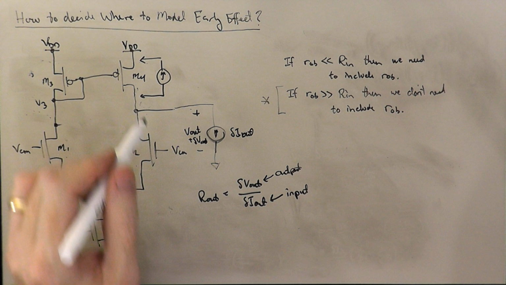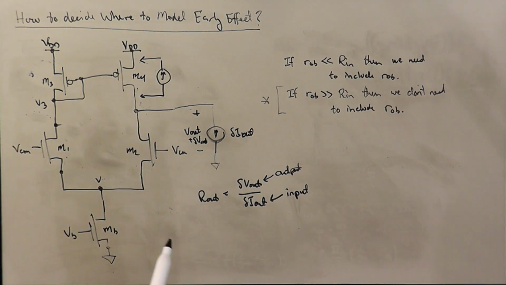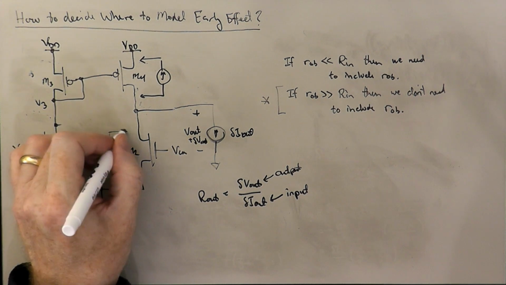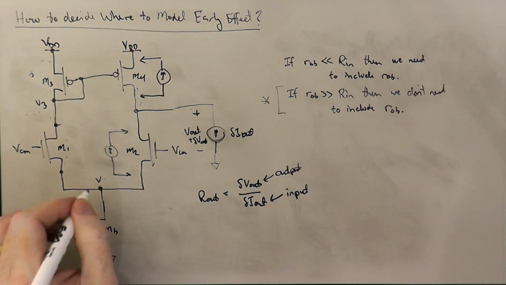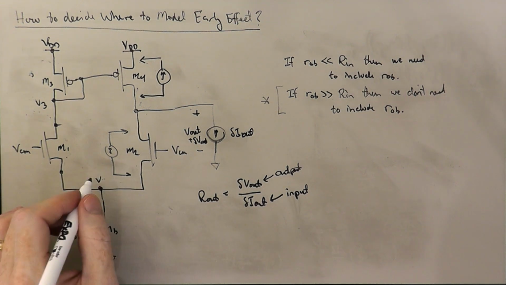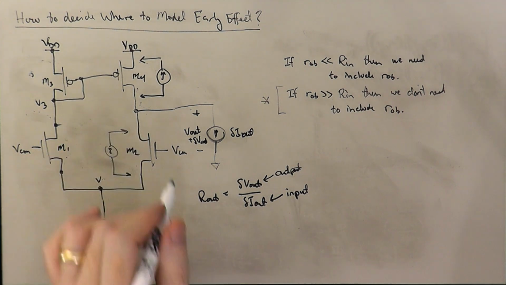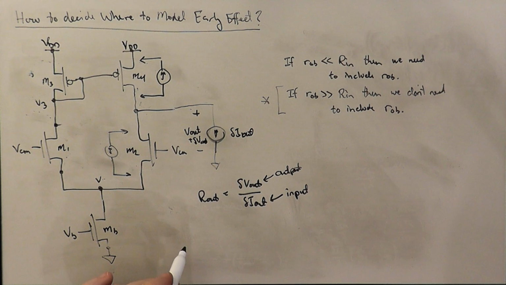And so I would need to put in the RO, because that is going to be much larger than the other impedances. Same thing if I were to inject my current here. On this side, I'm talking to the source of these transistors, a very low impedance node. But when I talk to the drain, I'm going to get a very large voltage change.